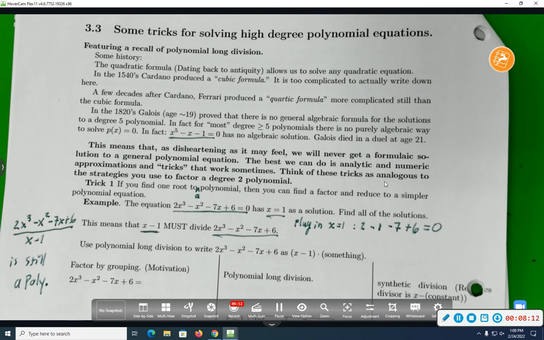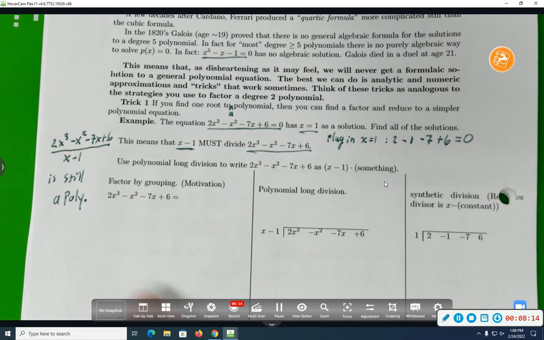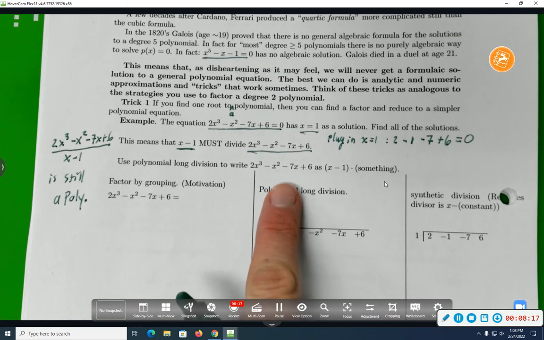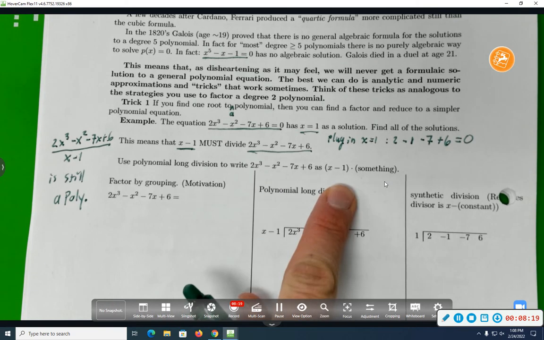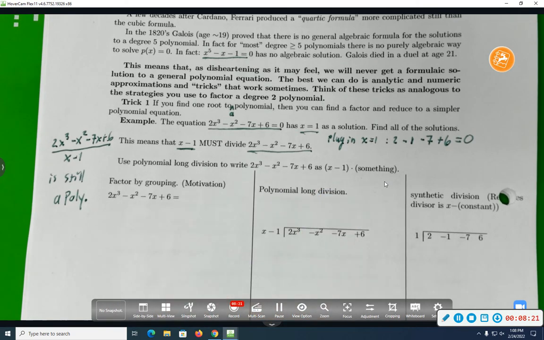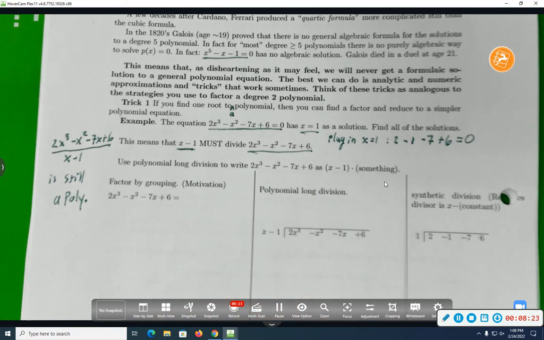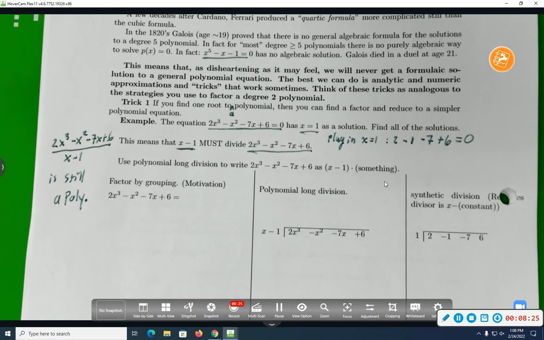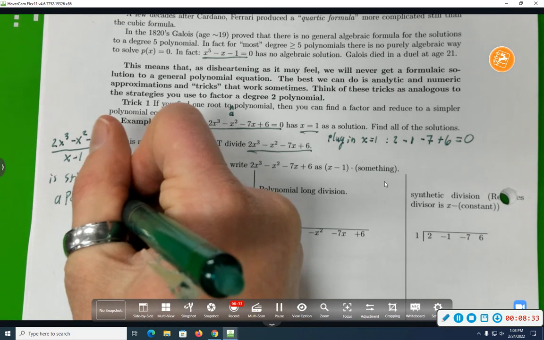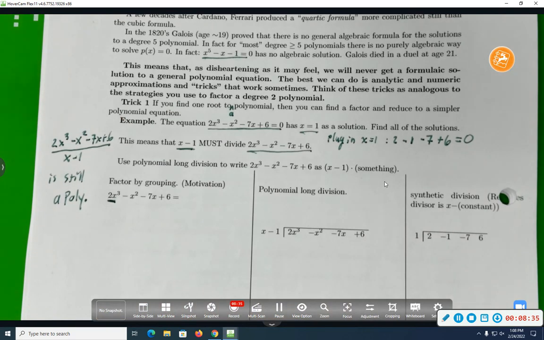Let's start by thinking about, we want to write this as a thing times x minus 1. So let's just see if we can fudge some things together so that factors of x minus 1 show up. That seems like a thing we could do. So here's what I'll do, and this is a very ad hoc method. I need to get a 2x cubed.